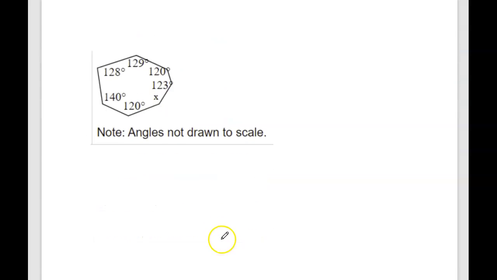So then we look at this figure, and we're wanting to find x. We're wanting to find this angle. So in order to find this angle, we have this 7-sided figure. We have 7 sides. And we know that the degrees in here have to add up to something.